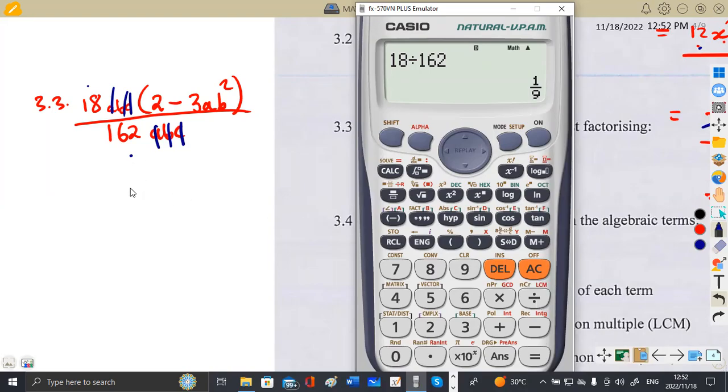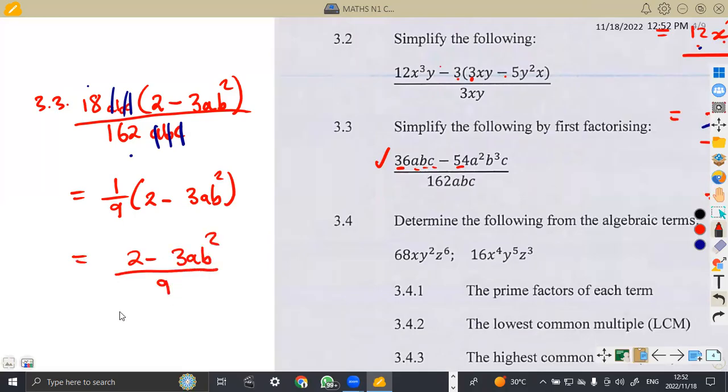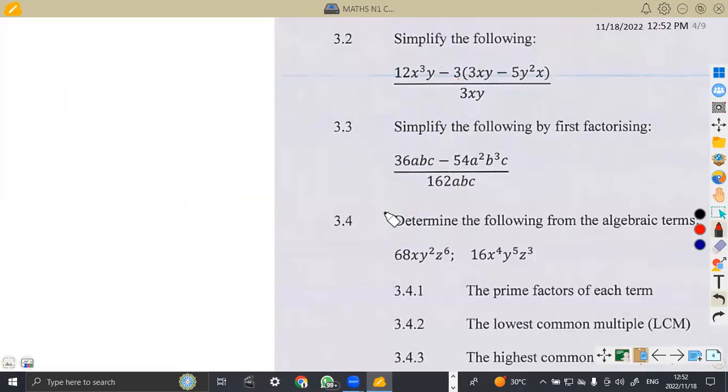So at the end we have 1 over 9 into 2 minus 3ab squared. You can write your answer like this, or you can even write it as 2 minus 3ab squared over 9. Still one and the same thing. So that was our 3.3. As you can see, guys, it was just a matter of your factorization. Then we can simplify further.